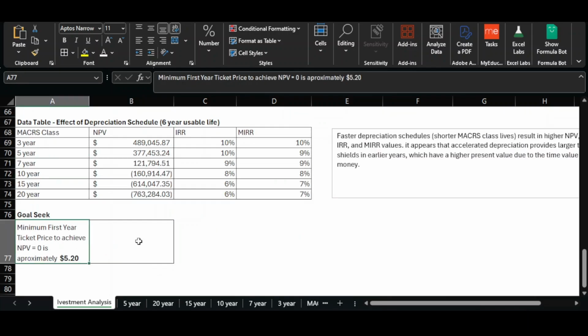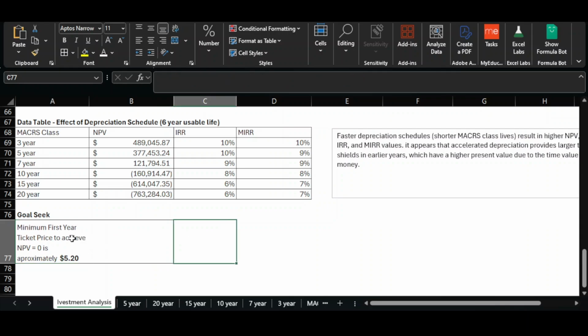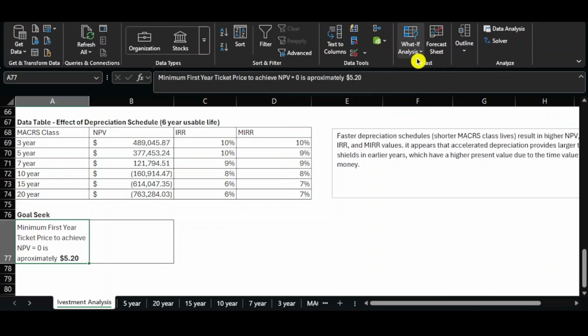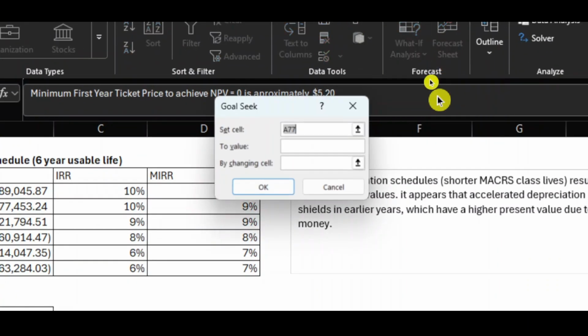Well, any cell actually will do. I'm using A77, and I just go to Data, then What-If Analysis, and hit Goal Seek.